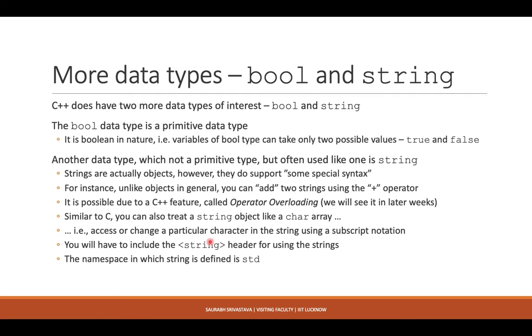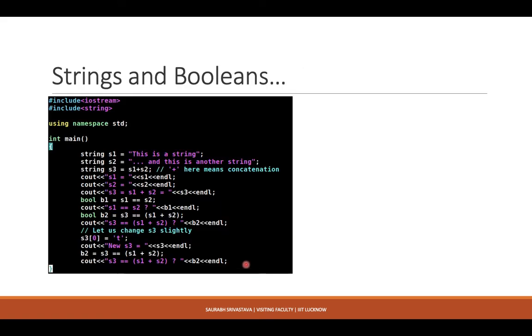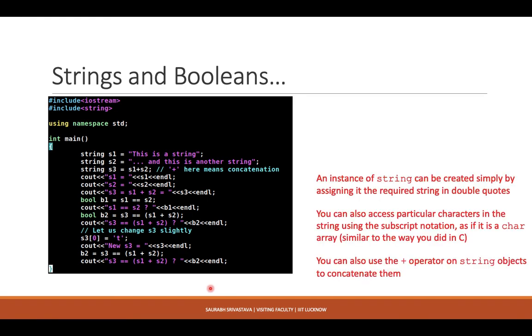So the string class is defined in a header file called string, just like this, string with no .h, and all the declarations are within the namespace std, as I just said. So this is an example. An instance of string can be created simply like this.